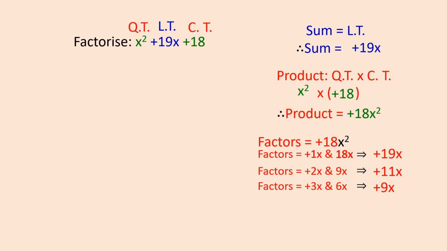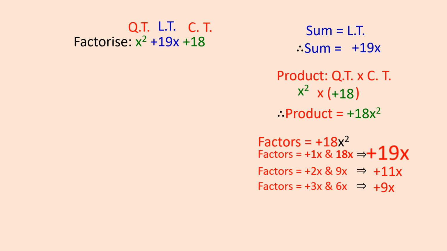Why did I add? Because the product has a plus sign. If the product has a negative sign, then I will subtract rather than add. I will find the difference, which means greater number minus smaller number. Clear? Now let us see the sum we have, plus 19x, against plus 11x and plus 9x. Which one matches the sum? You will find that plus 19x matches the sum.